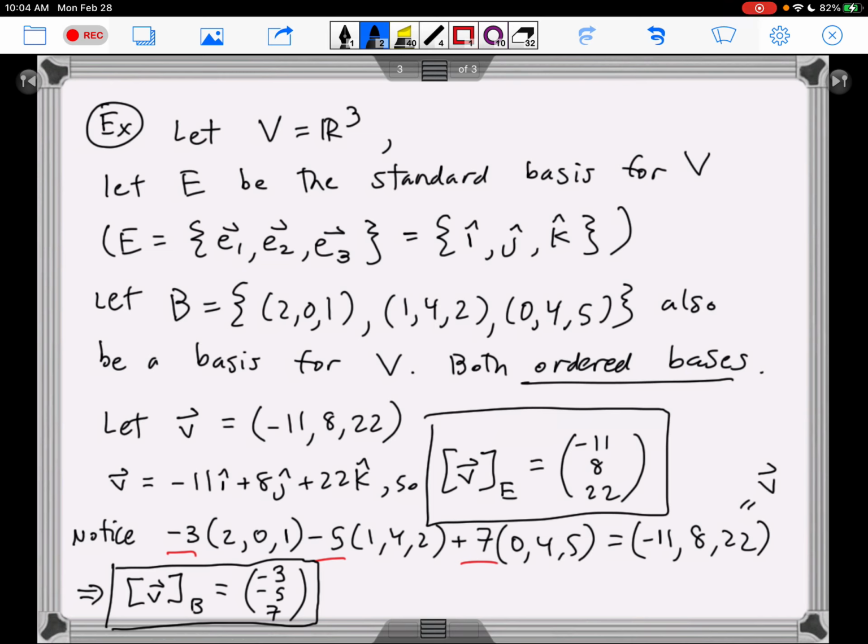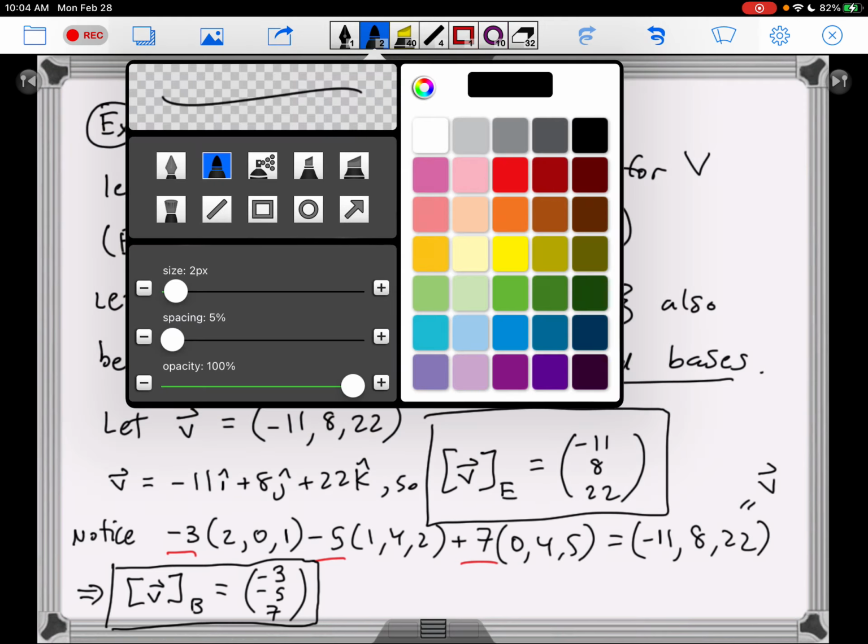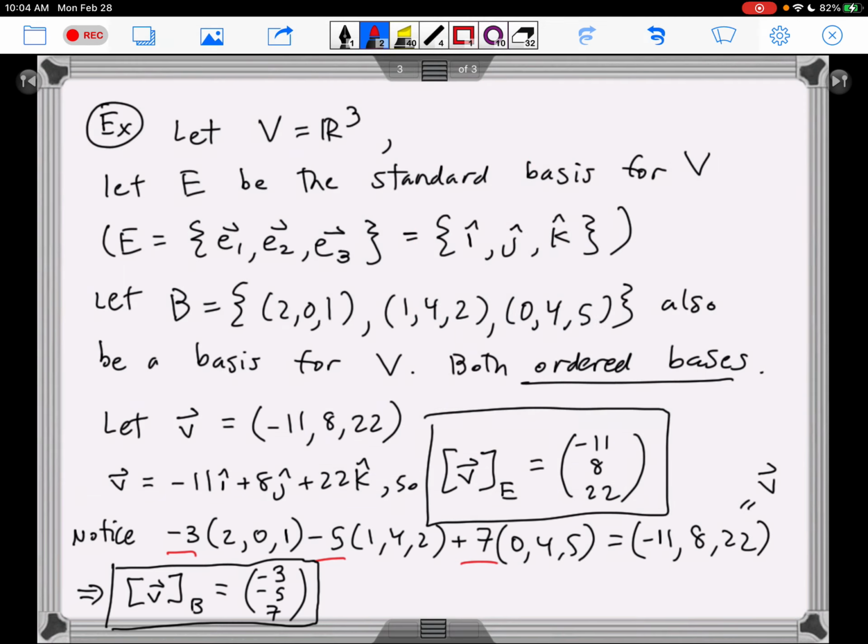This also illustrates an important point here. When you have a vector in Rn, it always can just be written as a column vector, and that is always v relative to the standard basis. That's so important that I want to write that down.